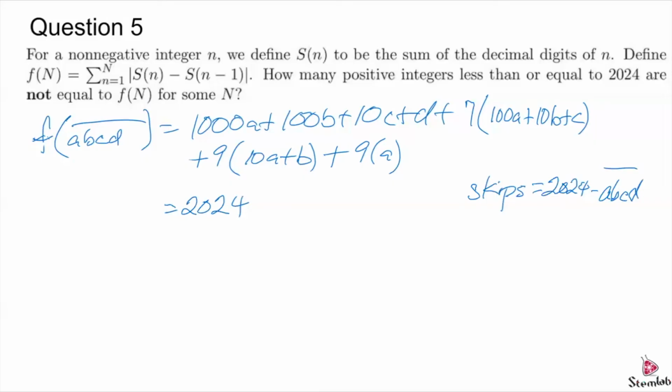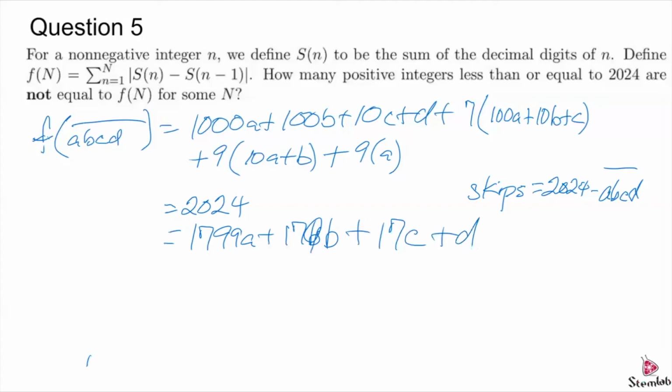So let's see if we can find that. Let me rewrite the expression first to be simpler. That's simply 1799A plus 179B plus 17C plus D.